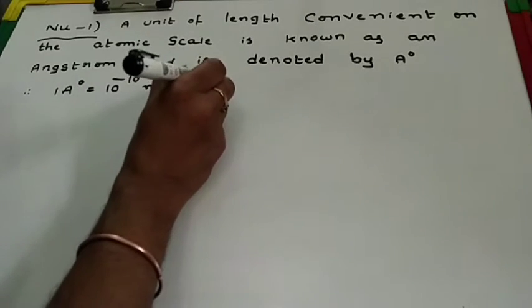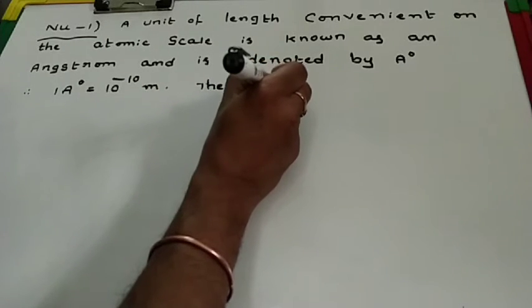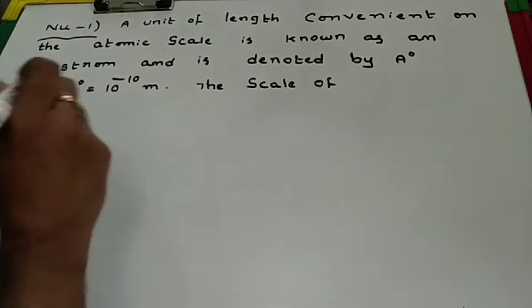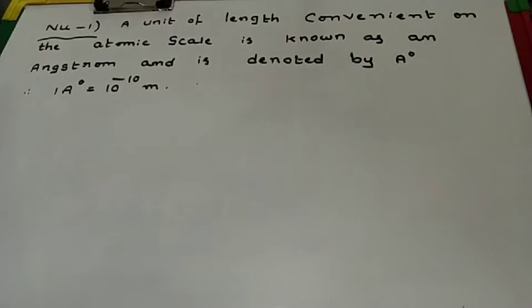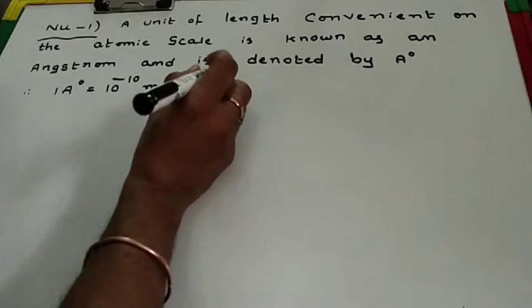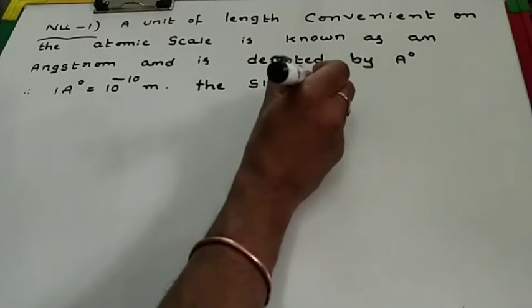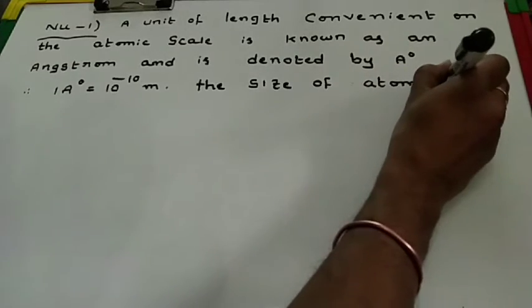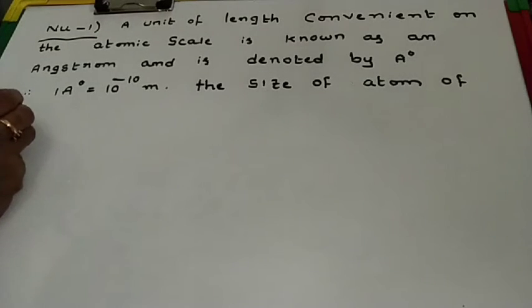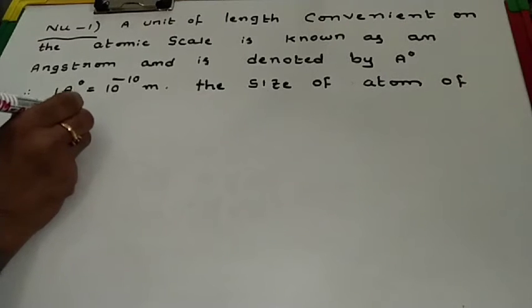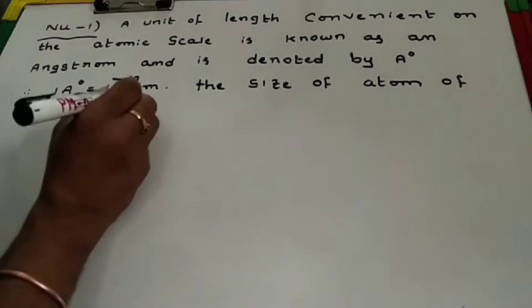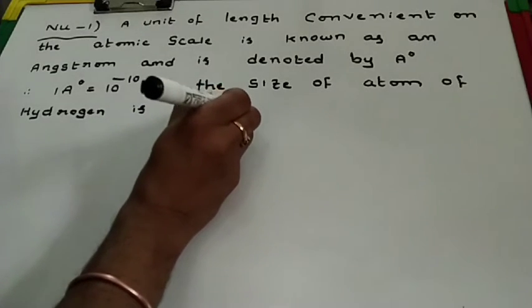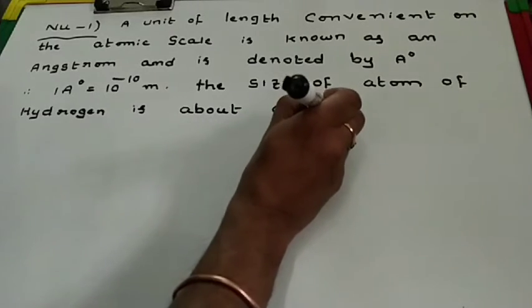The size of the atom of hydrogen is about 0.5 angstroms.